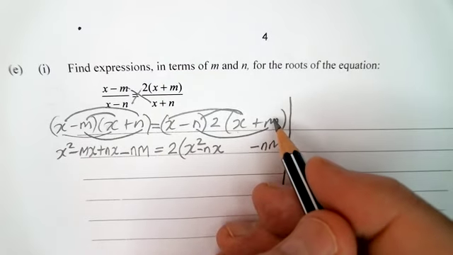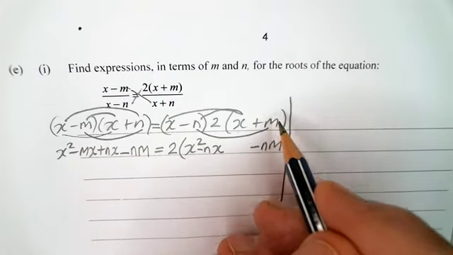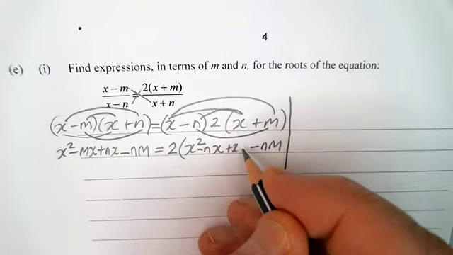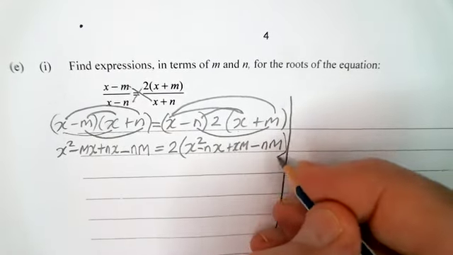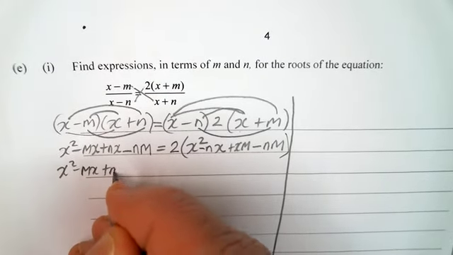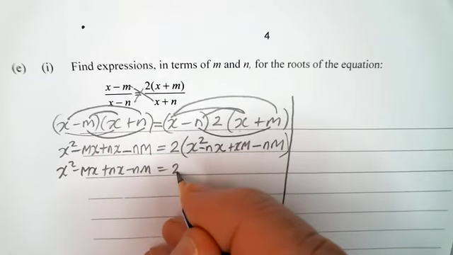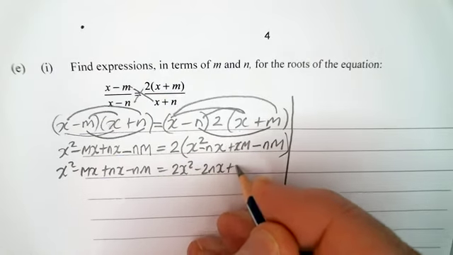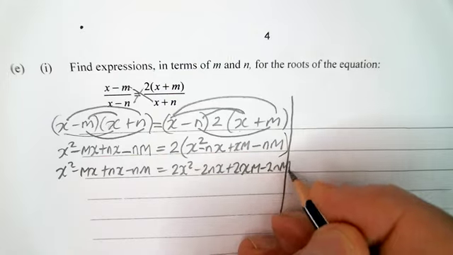And then the final one, which is going to be n times x times m, or plus xm, or mx would probably be a better way of saying it. Okay, I'm going to rewrite this with all that in. It's going to be x squared minus mx plus nx minus nm, equal to 2 lots of this, which is 2x squared minus 2nx plus 2xm minus 2nm.